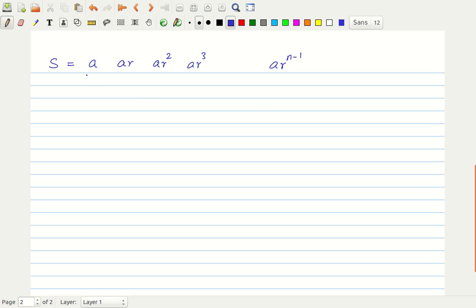This sequence is said to be in geometric progression. What is happening is that each term is actually R times the previous term.